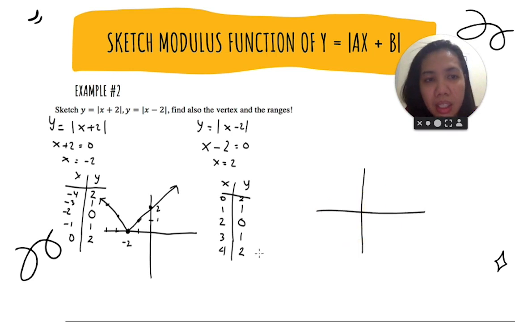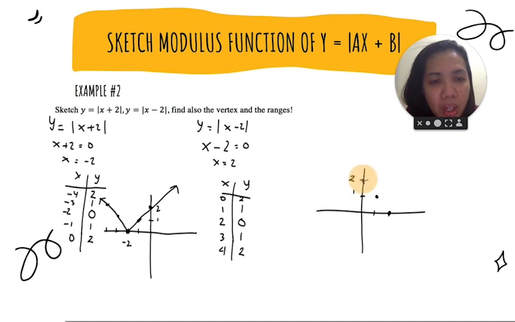Let's plot first the vertex of this function, 2, 0. Supposedly this is 1, this is 2. Now for x equals 1, we have the point 1, 1, and then 0, 2.